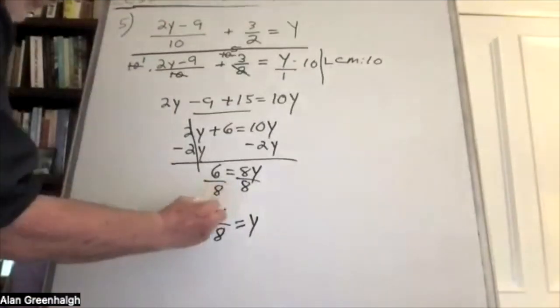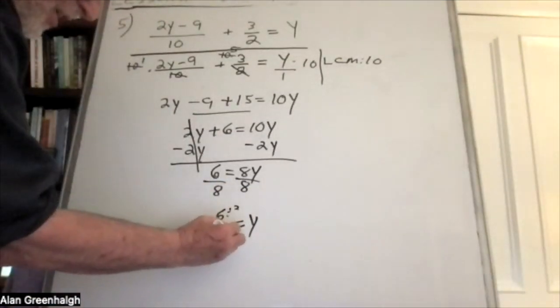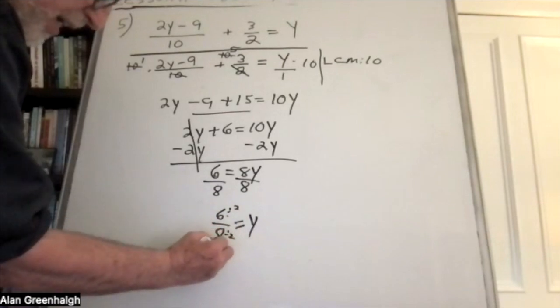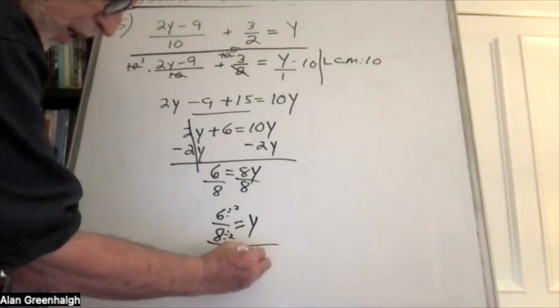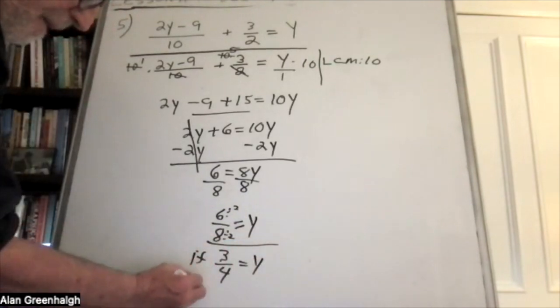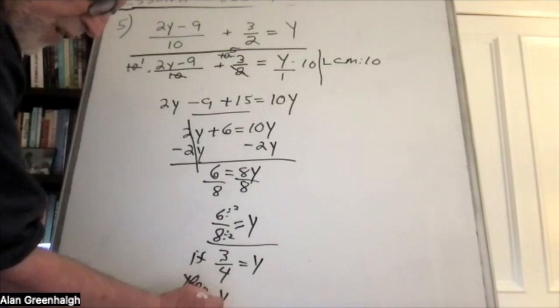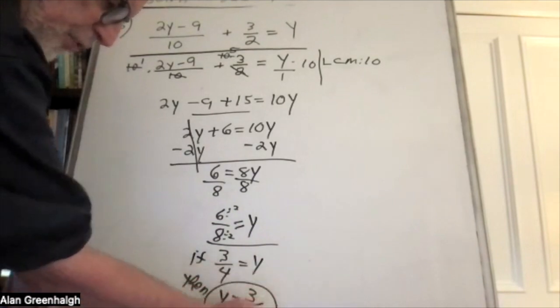And when you divide by 2 in the numerator and divide by 2 in the denominator, you get 3/4 equals y. And if this is true, then by the symmetric property, the answer is 3/4.